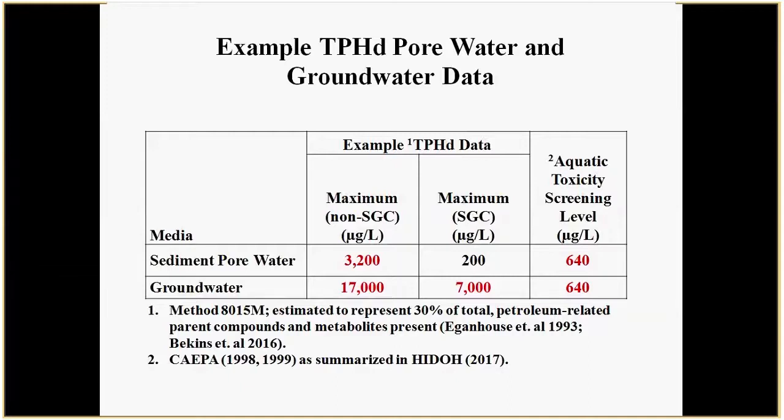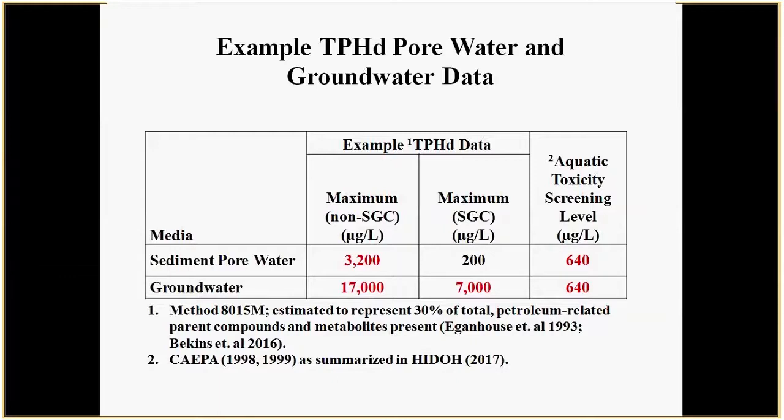Groundwater, much higher, maximum concentration, 17,000 micrograms per liter. And with silica gel cleanup, it notes that most of that is degraded hydrocarbon compounds. This throws up a flag. Why is the concentration of this crude oil or diesel range stuff in groundwater higher than the solubility level, which would typically be less than 5,000 micrograms per liter?